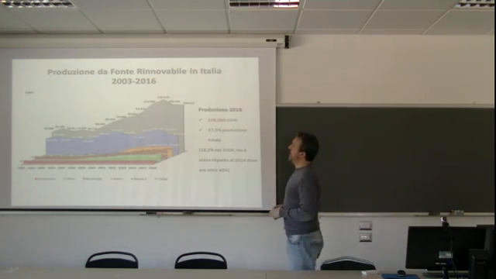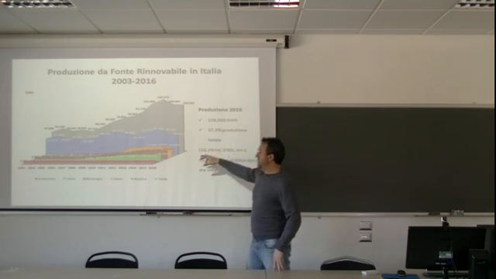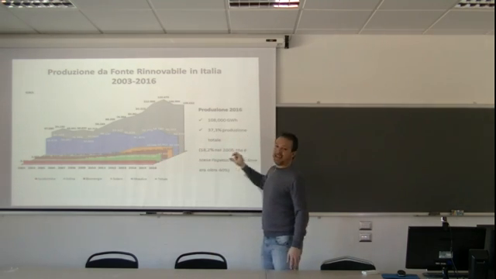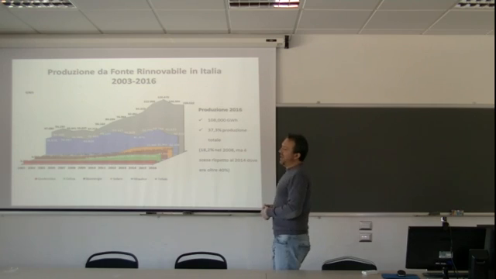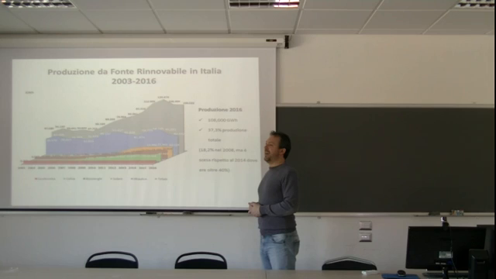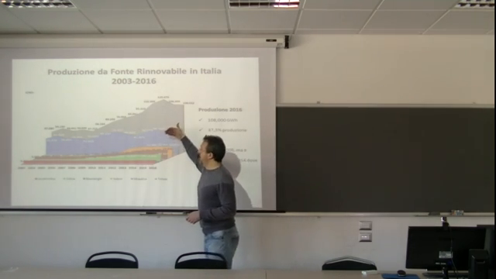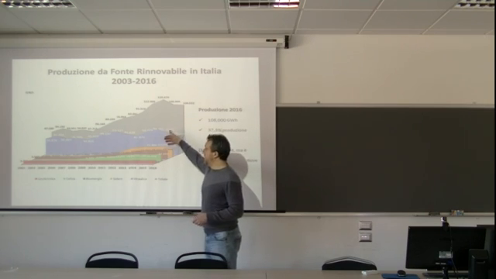This is the production of renewable energy in the last years, in the different renewable energies. So as I said to you, geothermal is a very flat line, because we built the geothermal plants in the past century, so the production is very constant. Hydroelectric is also very constant.